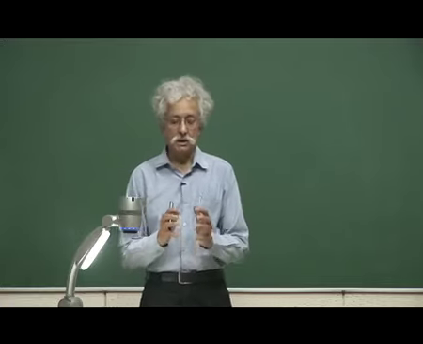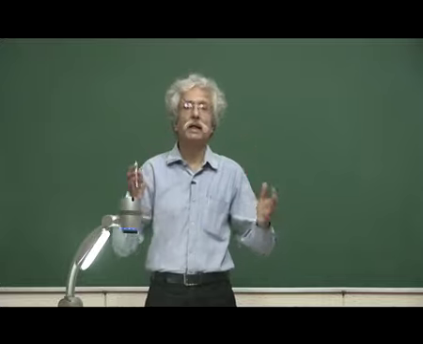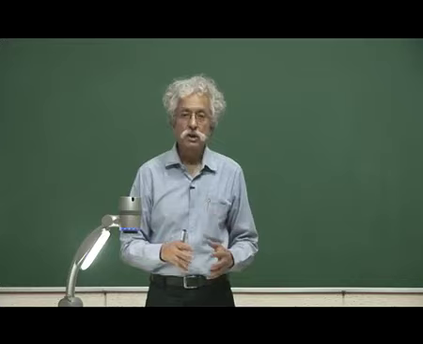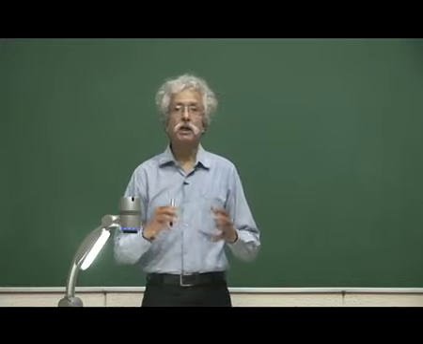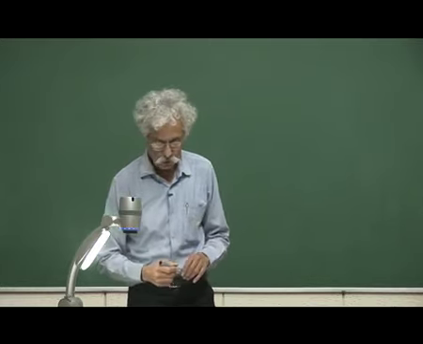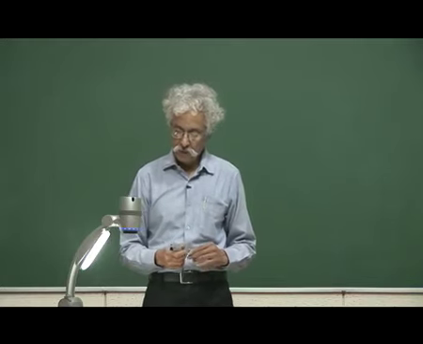The spherical capacitor has an inner spherical conductor of radius R A, surrounded by an outer spherical conductor of radius R B. Both conductors carry the same amount of charge capital Q, and this particular device forms a capacitor with a capacitance of this value, and this gives me the capacitance of this configuration.